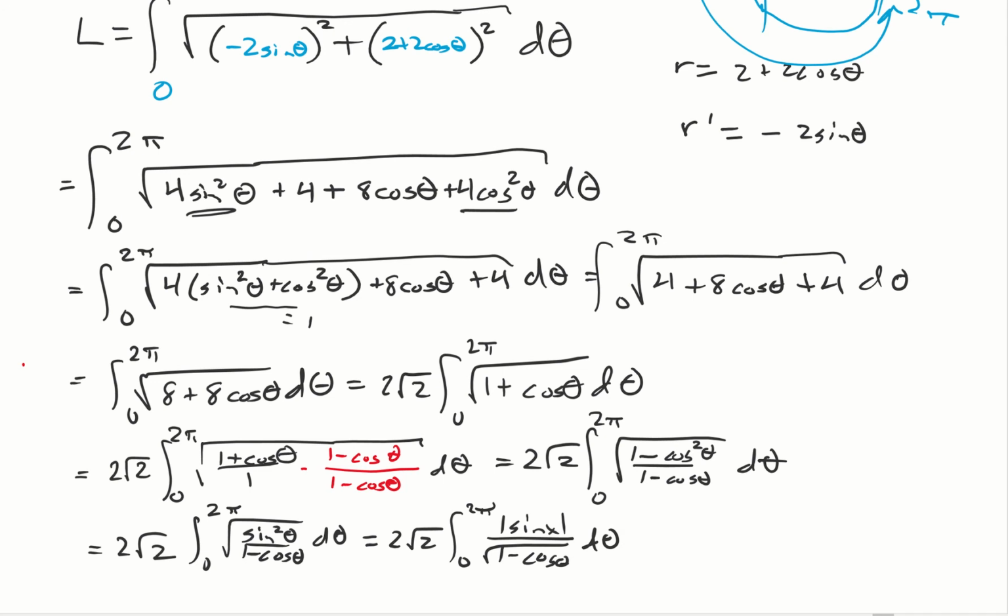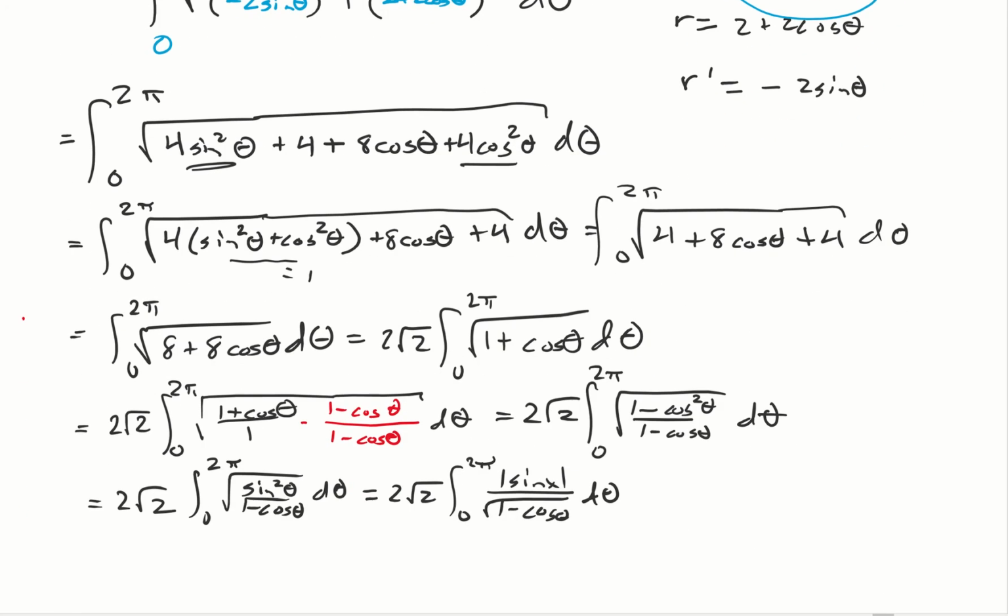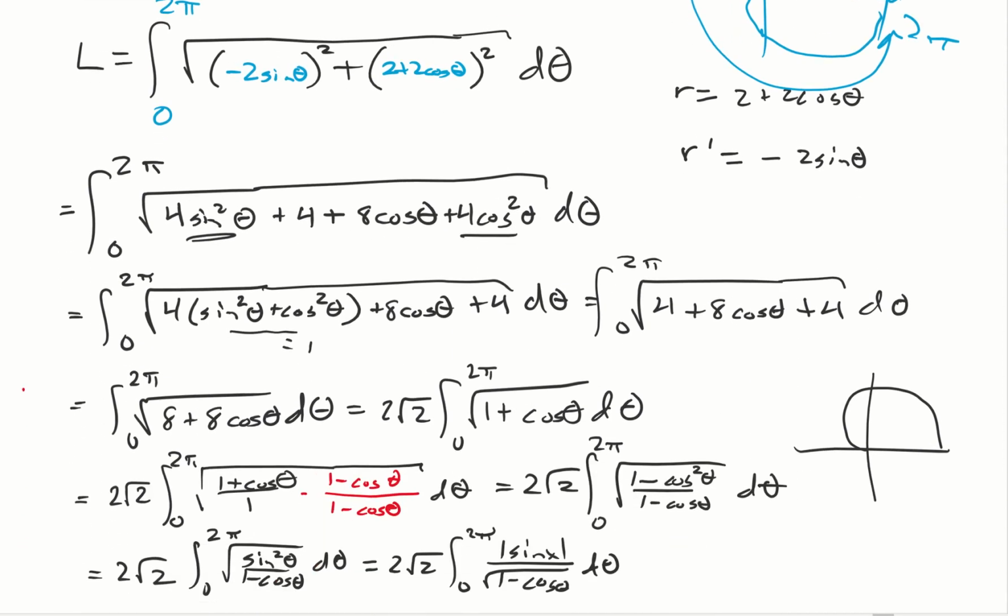This is taking a while. Why did I choose this one? Let's go back up to that picture or draw another picture. If we do the top portion and find the arc length of the top, sine is positive.